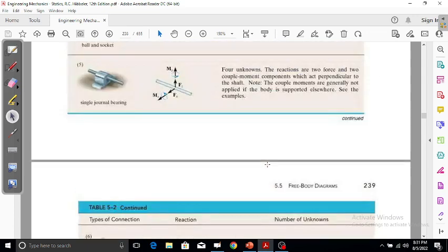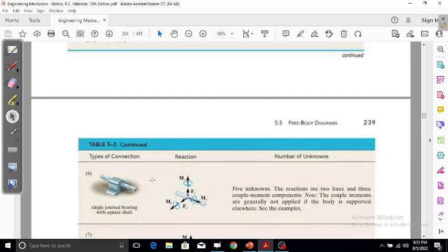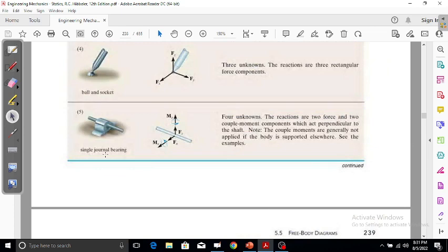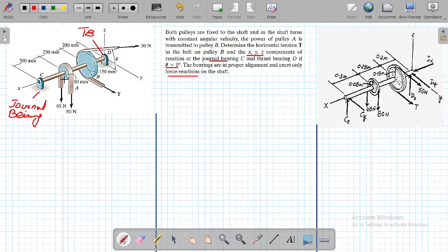In the thrust bearing, we will consider 3 reactions, and for the general bearing, you know you have 4 unknowns, but you will not consider the couple moments, so you will have 2 reactions. With this knowledge in mind, when we go to this numerical, we will look at this general bearing and see they are only giving us 2 reactions, not 4.